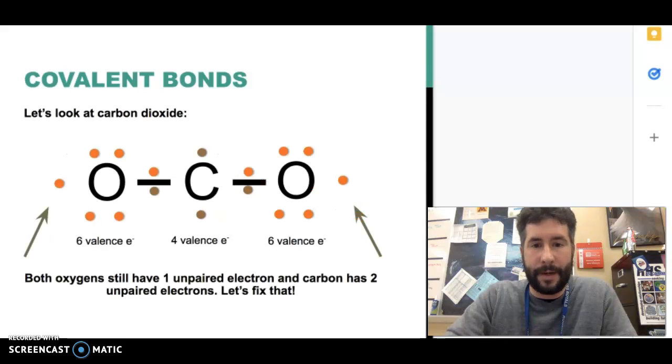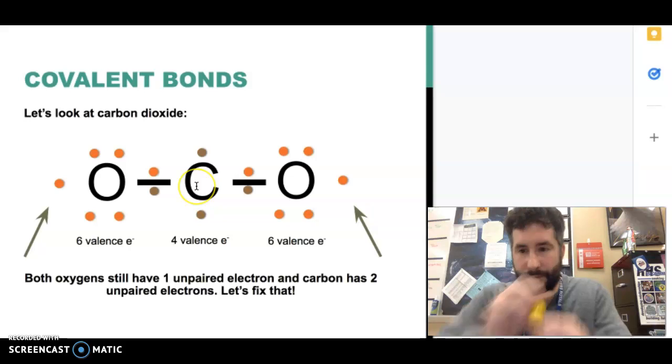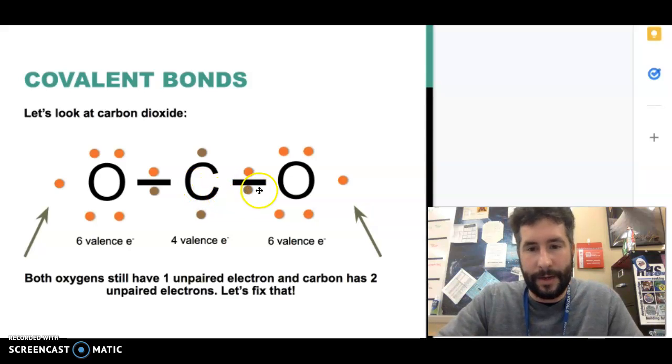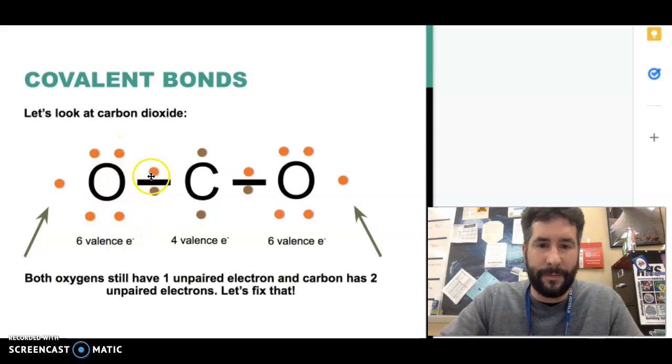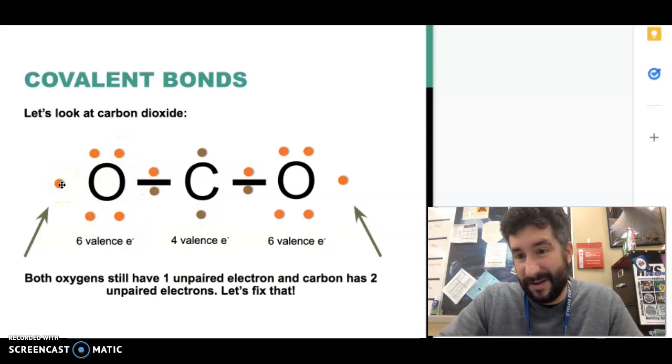First they grab 1 from each. They're pulling. Nope, can't get them away. Now carbon has 2, 4, 5, 6, so that's closer to 8, but still not 8. And oxygen has 2, 4, 6, 7, that's closer, but not quite there.